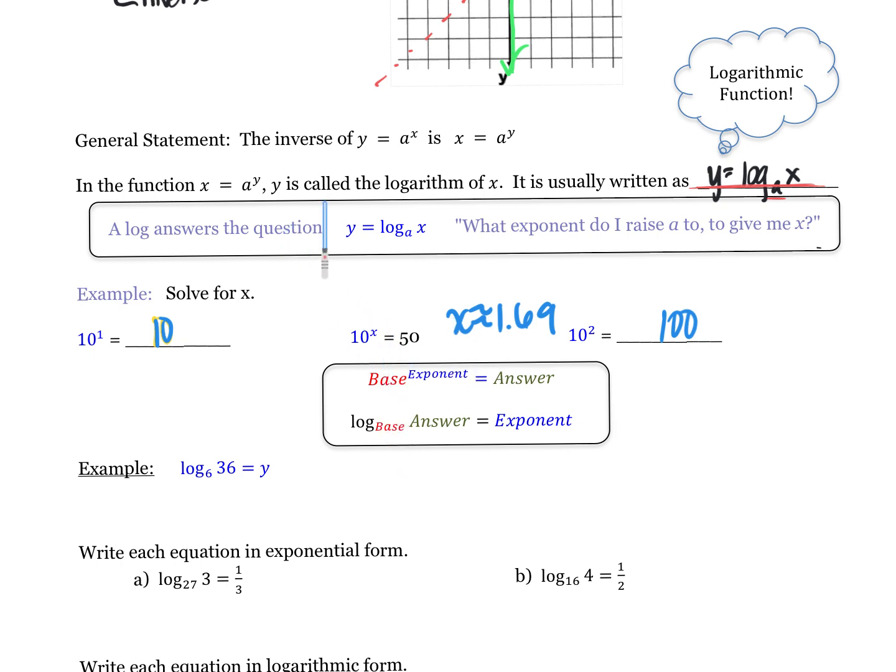So what logarithmic form lets us do is get that answer right away, meaning, how do I rewrite this in that logarithmic form? Check this out. X equals a to the y. Do you see that this base a turns into that little base down there?